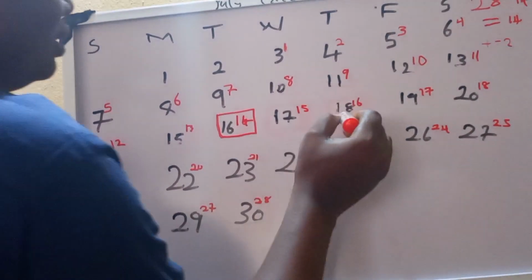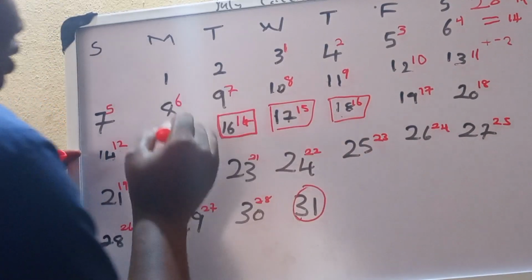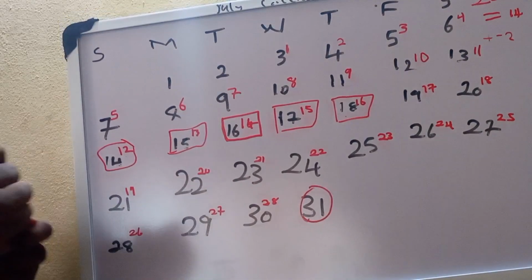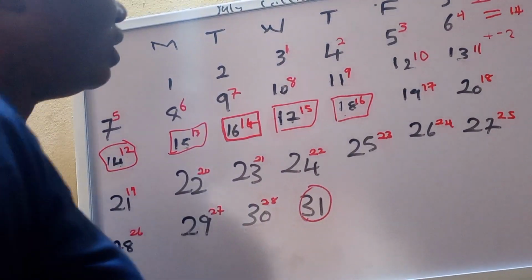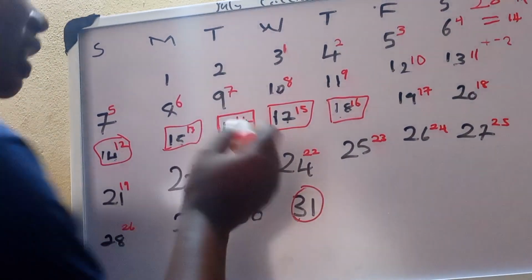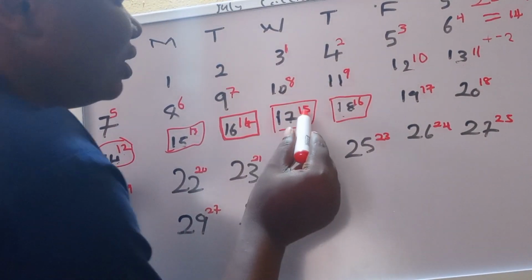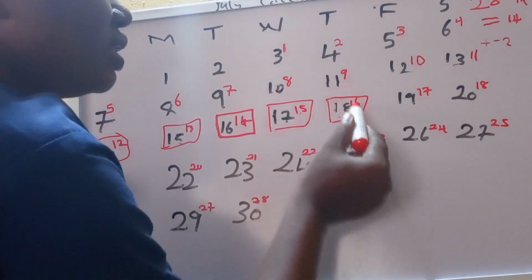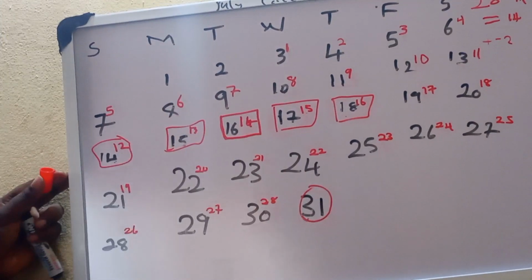That is to add this day, and also this day, and this day. Did you get that? So that person can see her ovulation on the 15th day, on the 16th day, on the 13th and on the 12th, and also on the 14th.